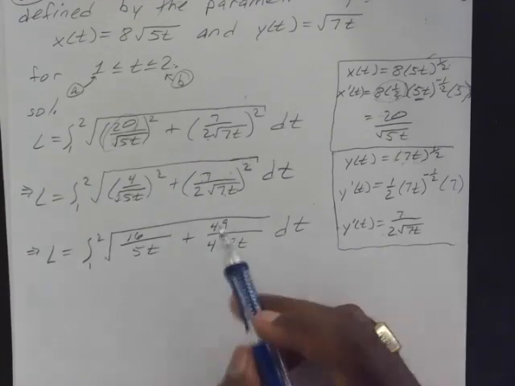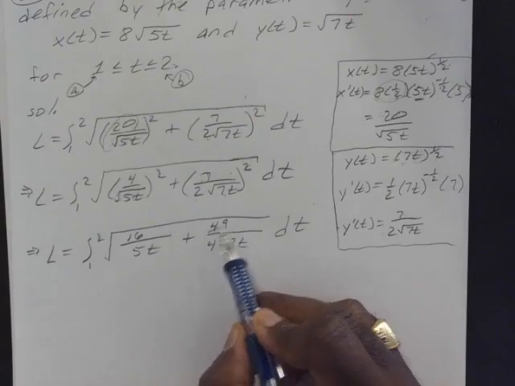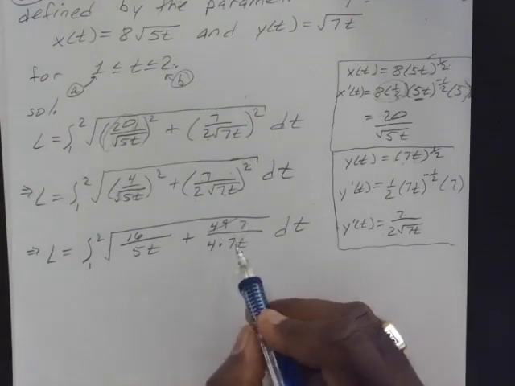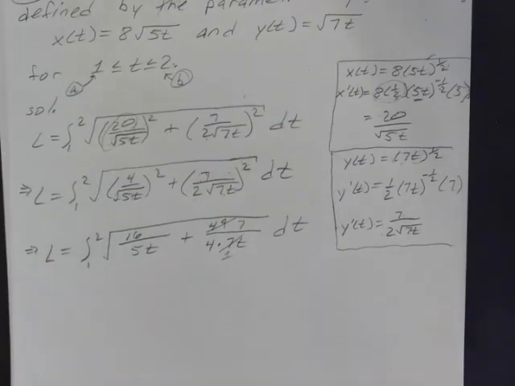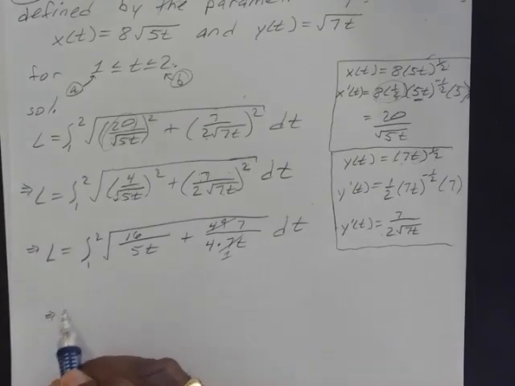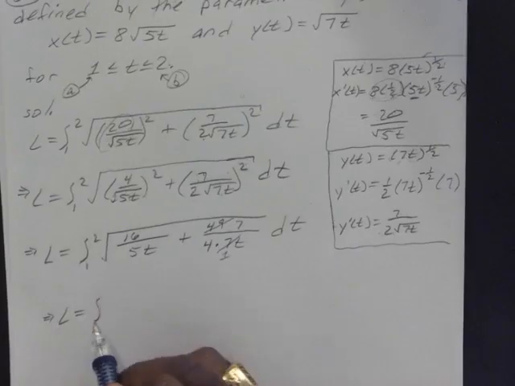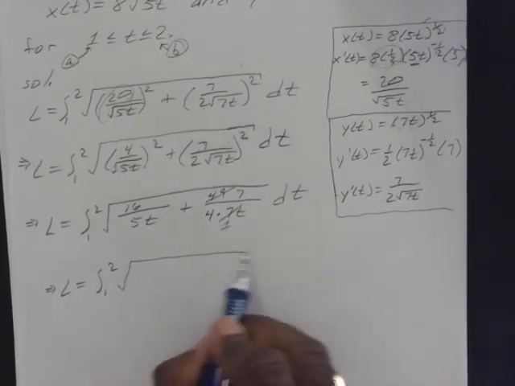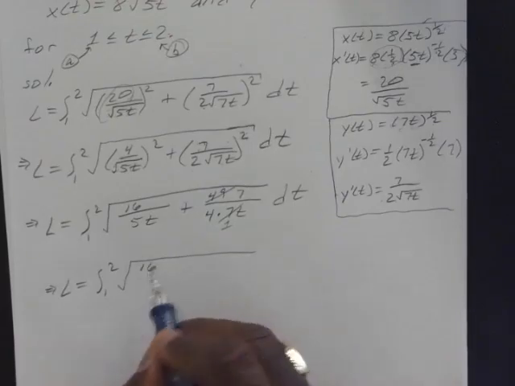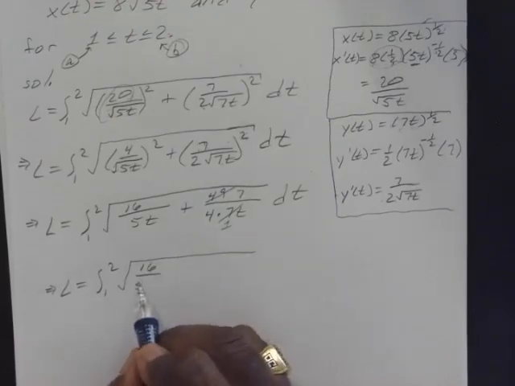Okay, so we can actually simplify this because this 49 divides with this 7 here. So we can rewrite this as the integral from 1 to 2 of the square root of 16 over 5t.